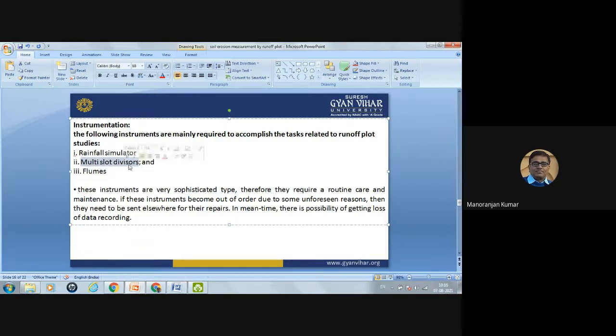The function of both devices is the same. Basically, the multi-slot divisor is used for sediment collection, and flumes are used to measure the runoff water. So these are the instrumentation required to accomplish the task related to runoff plot studies.